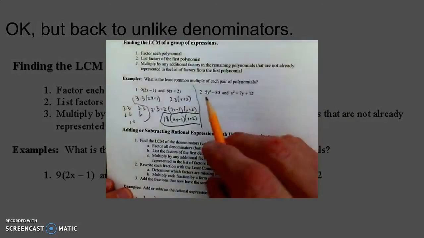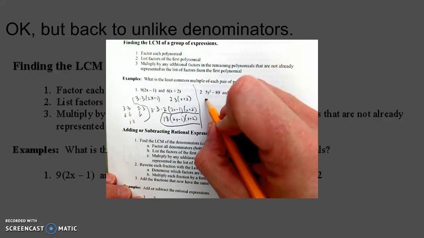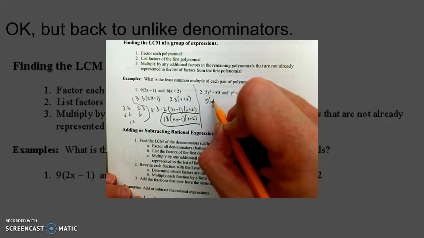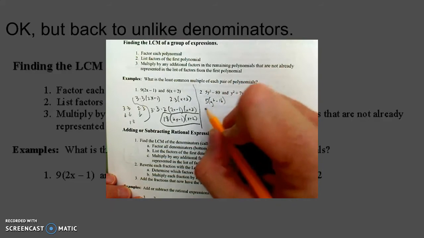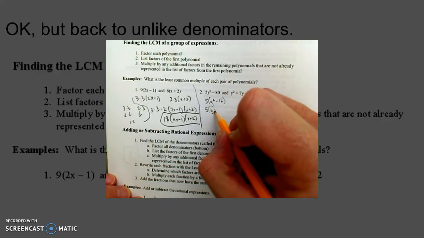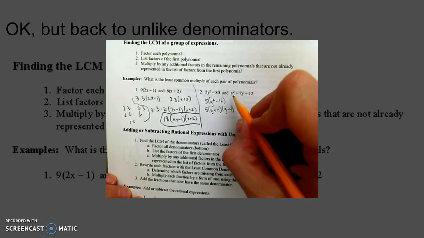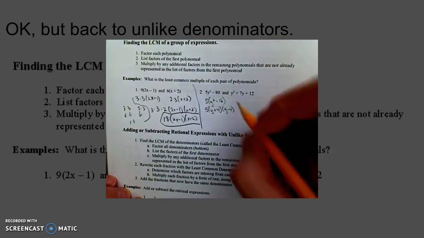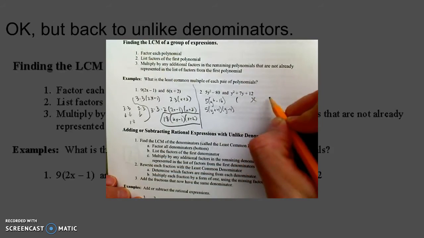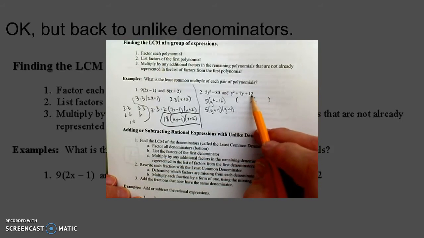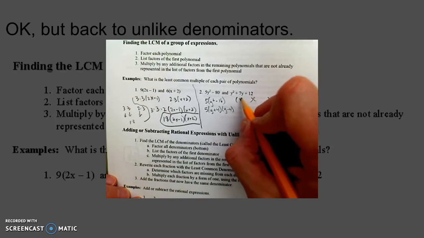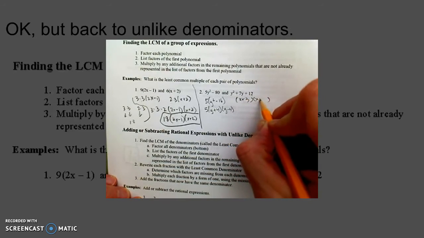Let's do another one. These need to be factored. My GCF, 5, y squared minus 16, which is 5, y plus 4, y minus 4. Over here, I've got a trinomial. 2 factors of 12 that add up to 7. So y plus 3, y plus 4.